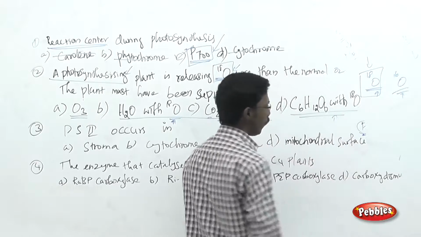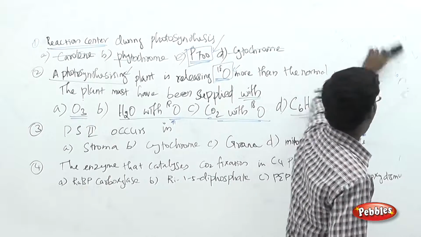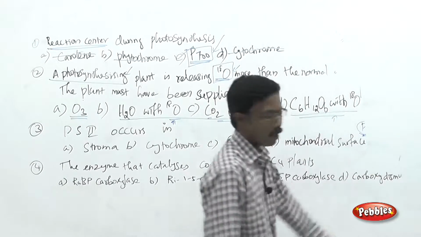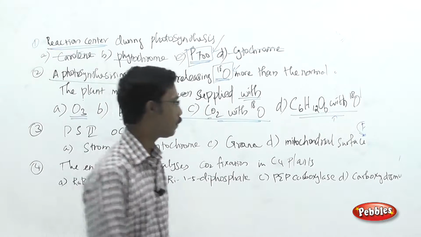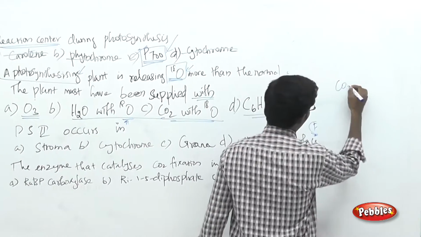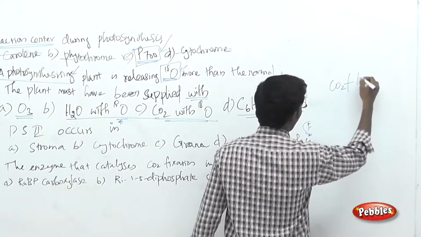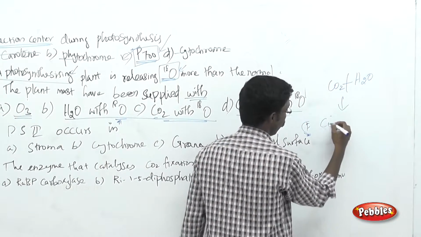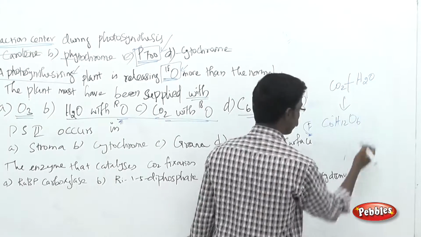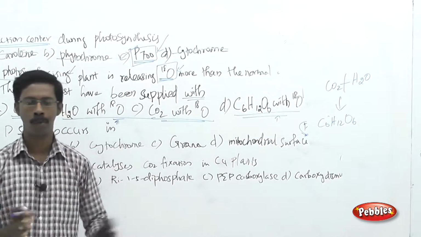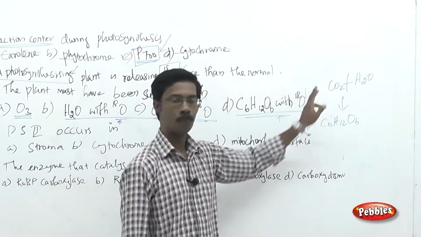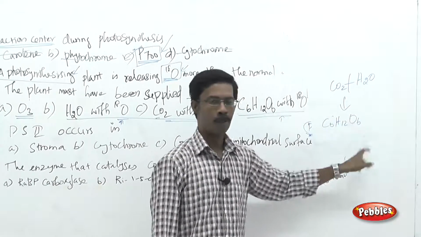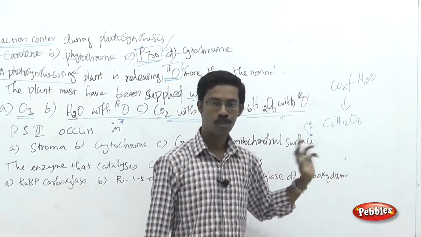Okay. And you have to remember one major point in the case of photosynthesis. What is photosynthesis? Here we are going to utilize carbon dioxide and water and they are going to produce sugar. This is what you have to remember. Whenever you are thinking about photosynthesis, carbon dioxide will be utilized, water will be utilized to produce the sugar molecule.